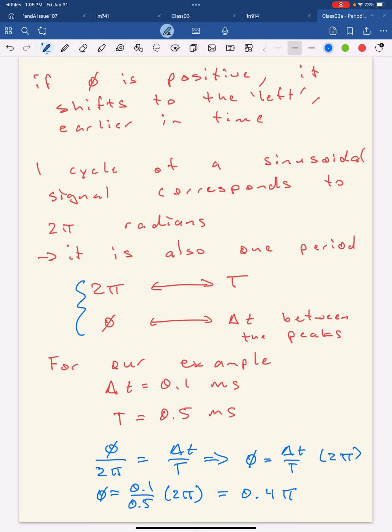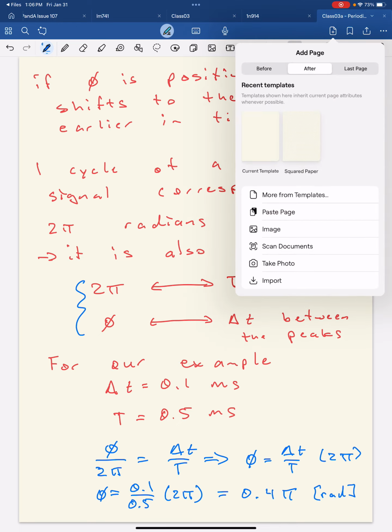So 0.1 over 0.5 is 0.2 times 2, which is 0.4 pi. There's our phase shift. We can crunch that as a number if we're so inclined, multiply it by pi, and get 1.2 something radians. Let's add our units, radians.